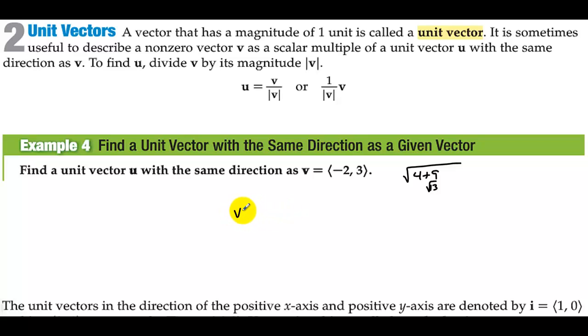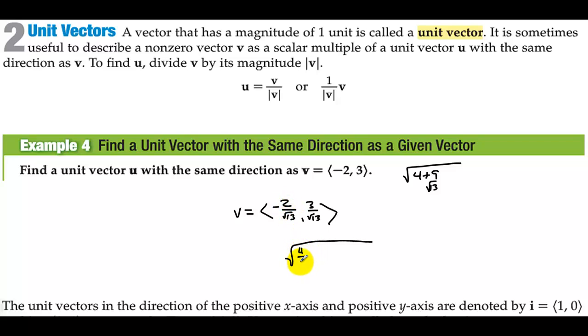So the unit vector is equal to negative 2 over square root of 13 and 3 over square root of 13. Now this vector has the same direction as the original one, and the length, or the magnitude, is 1. Now we can test that to see if it's actually 1. We can square root the first one squared.